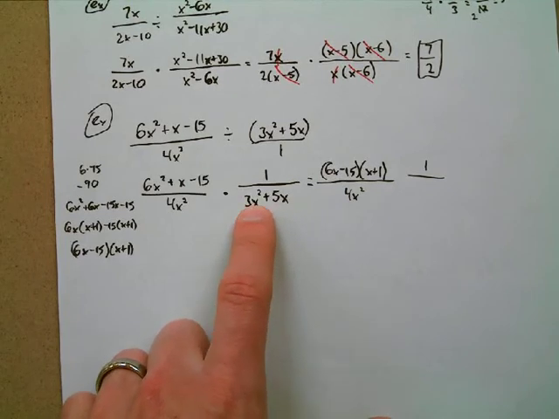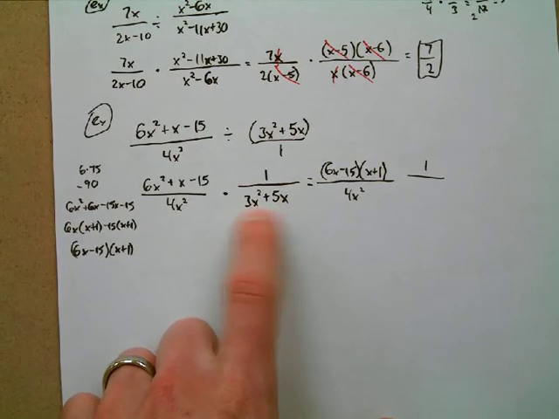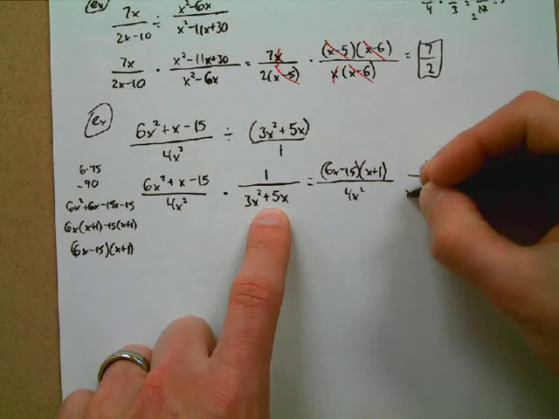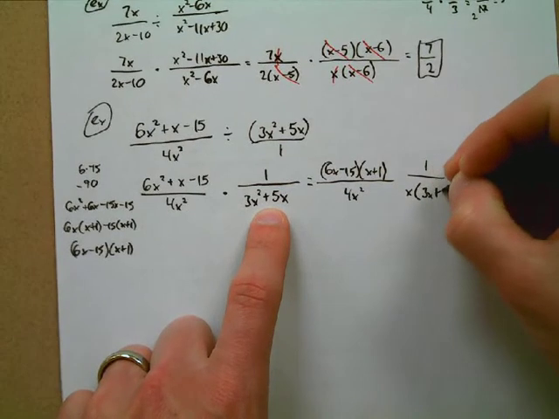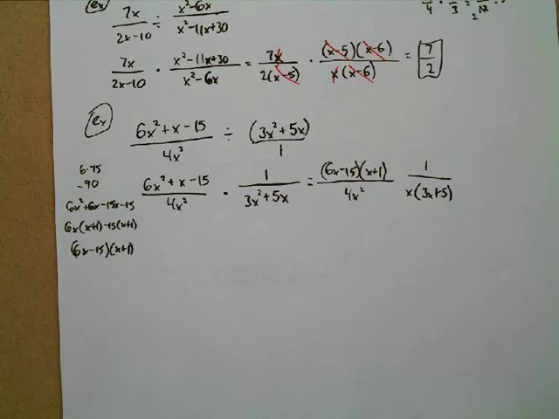Does 5 divide by 3 evenly? No, so what's the most we can take out from this group right here? An x, okay? So we've got x and then 3x plus 5. Well, shoot. Nothing cancels. Nothing cancels here. Okay.